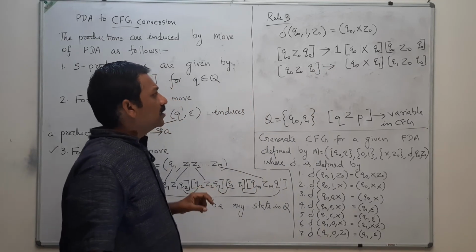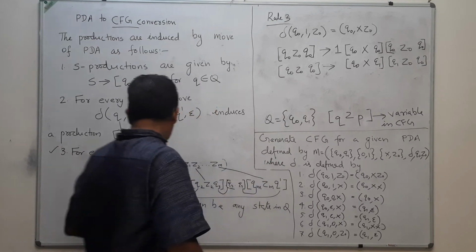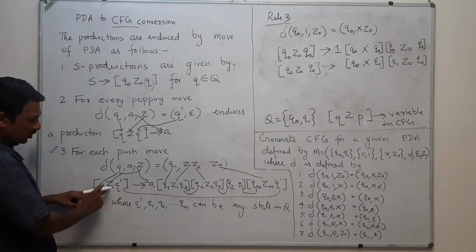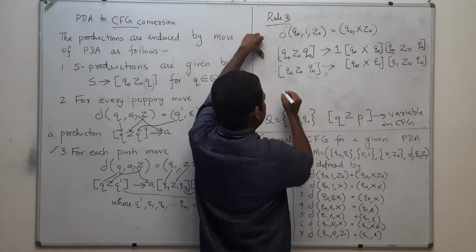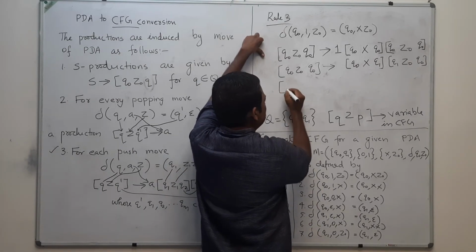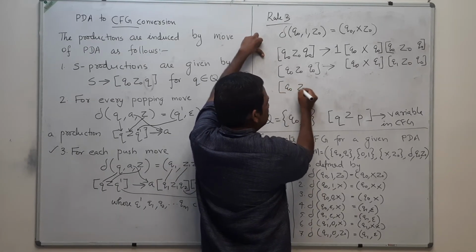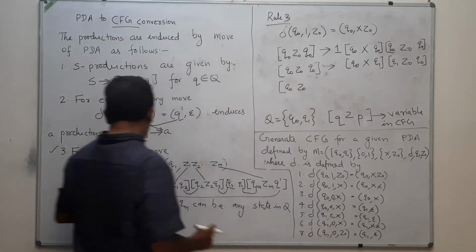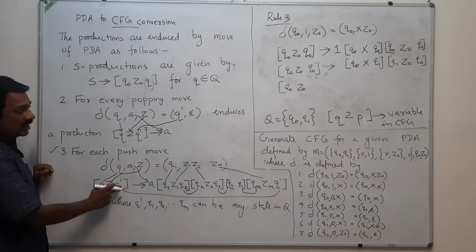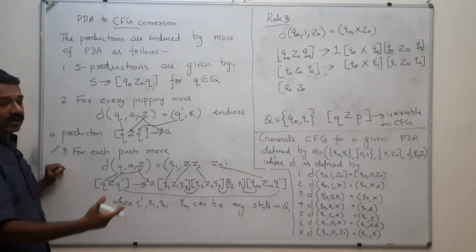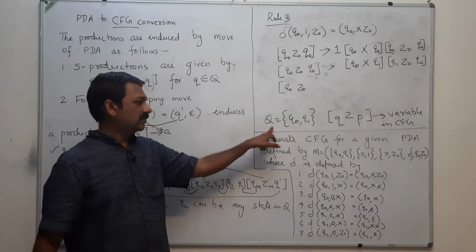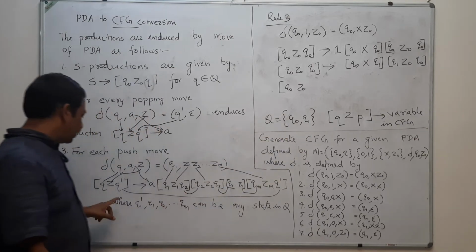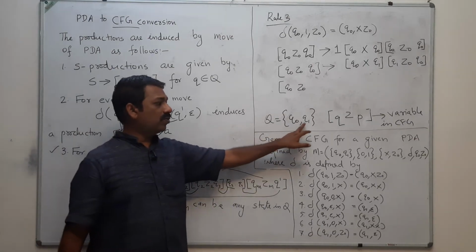Now suppose that this Q dash, that means next the left hand side is Q0, Z0, and here you have Q dash. This Q dash can be either Q0 or Q1. As you are having two elements in this, this Q dash can be either Q0 or Q1.